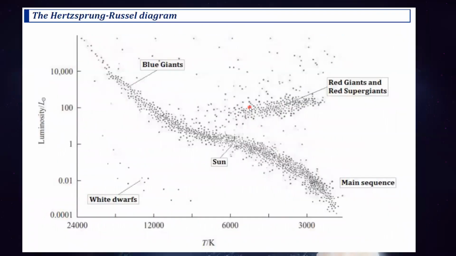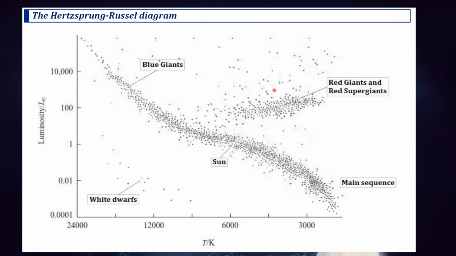A massive star cannot remain in the main sequence for a longer time because they are consuming the hydrogen at a faster rate. Low mass stars consume hydrogen at a slower rate, so they can remain on the main sequence for a longer period. But for a massive star, the rate of fusion of hydrogen is much higher.